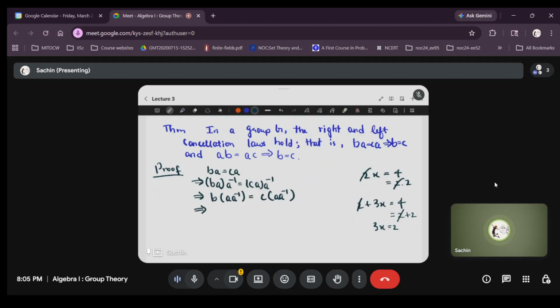But by definition of the inverse, A inverse is equal to the identity element. And by definition of the identity element, B is equal to B and C is equal to C. So BA equals CA implies that B equals C. You just cancel out the A on both sides.